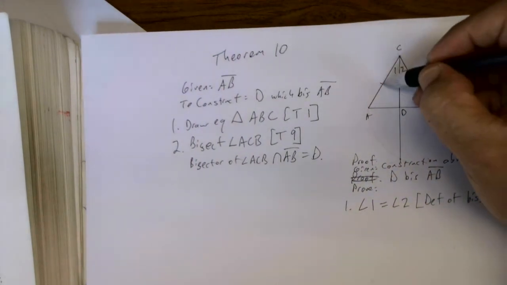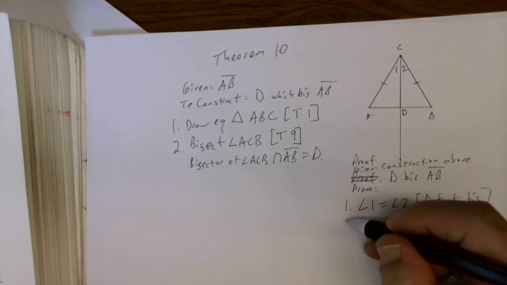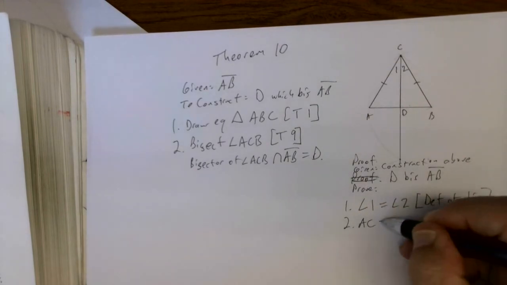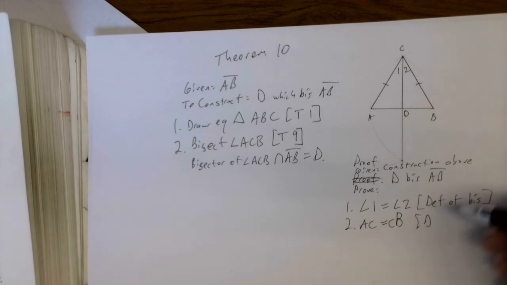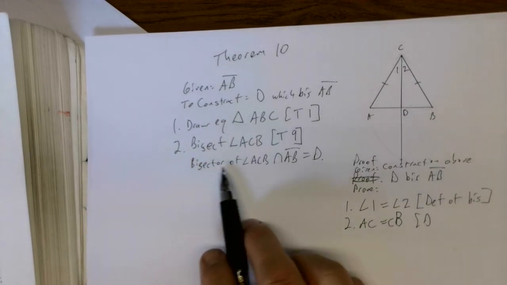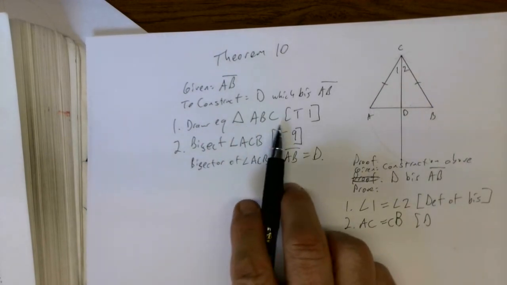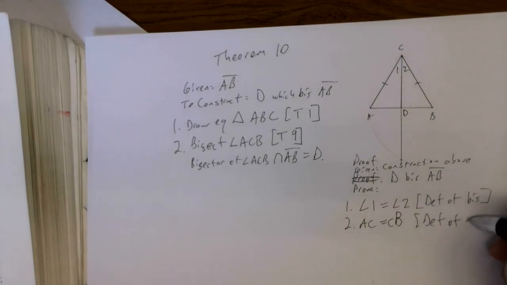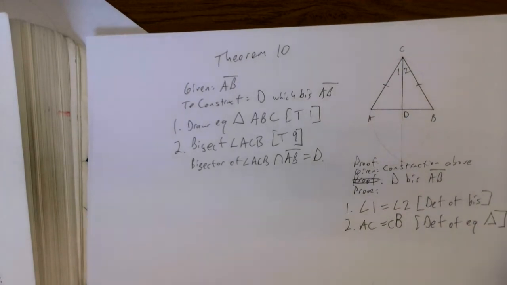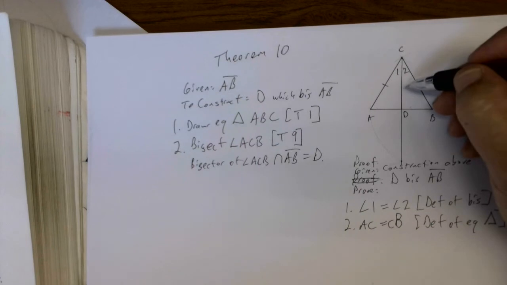Okay, now I also know that AC and CB are equal. AC equals CB because they were conceived as the sides of equilateral triangle ABC. And so therefore the definition of equilateral triangle assures us that they are going to be equal.